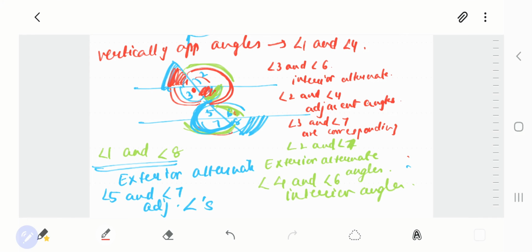We have already done. They are adjacent angles. Okay. 1 and 5. This 1 and 5 will be corresponding angles. Angle 1 and angle 5 will be corresponding angles. Is the concept very clear, my dear kids? Okay.